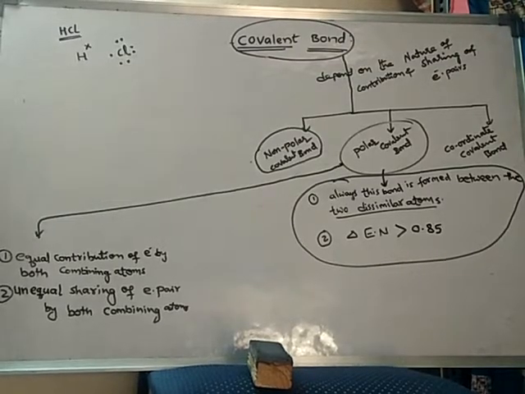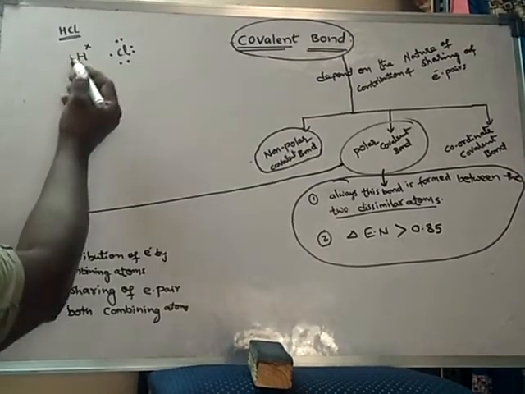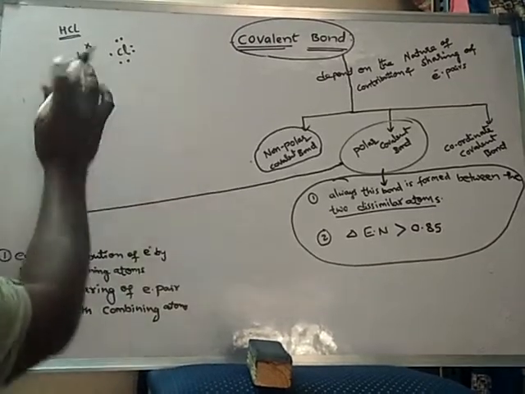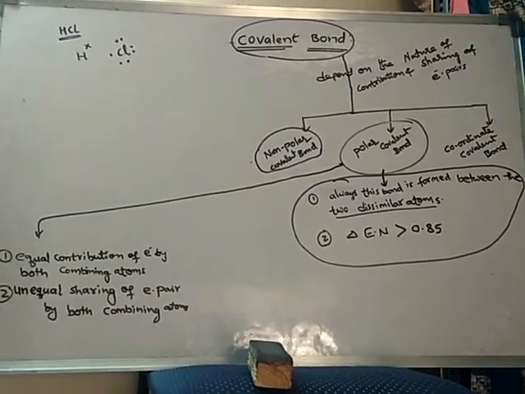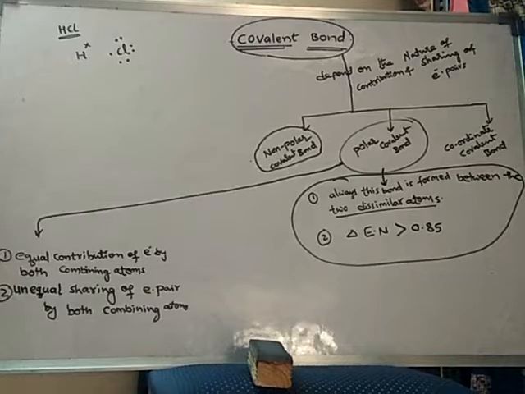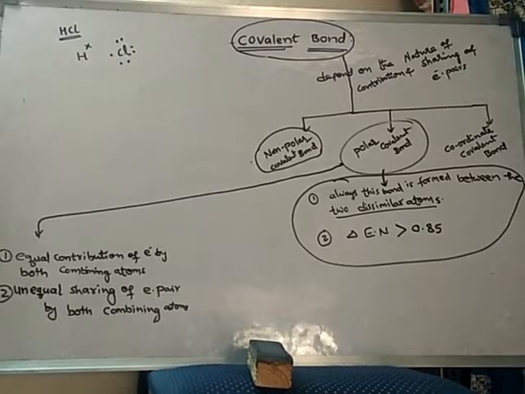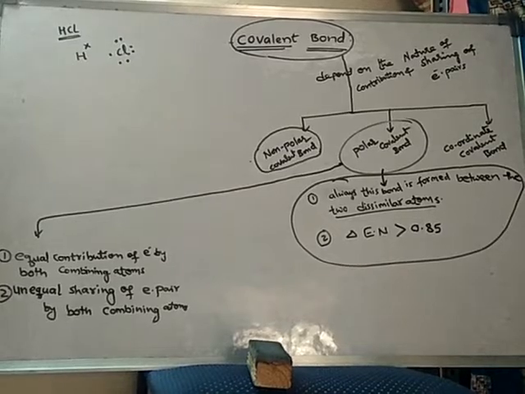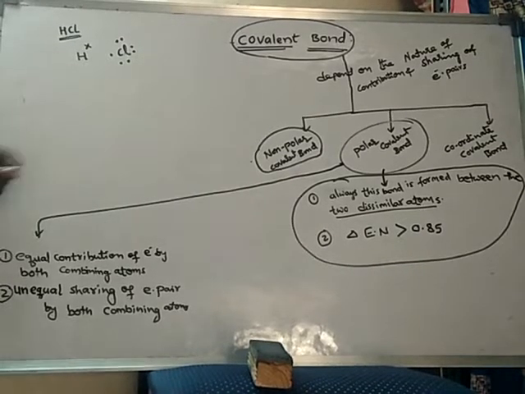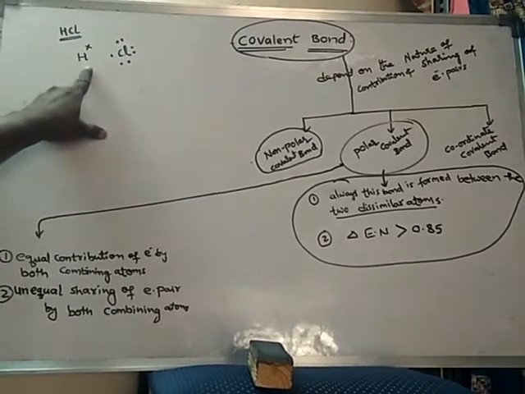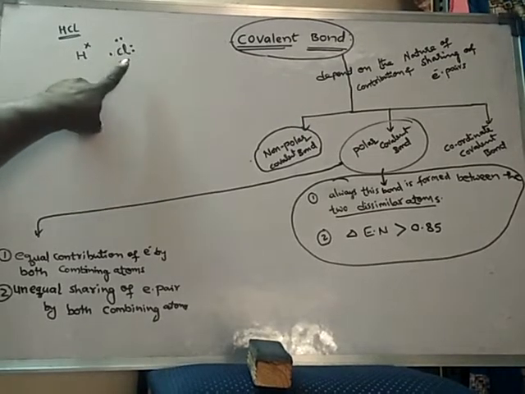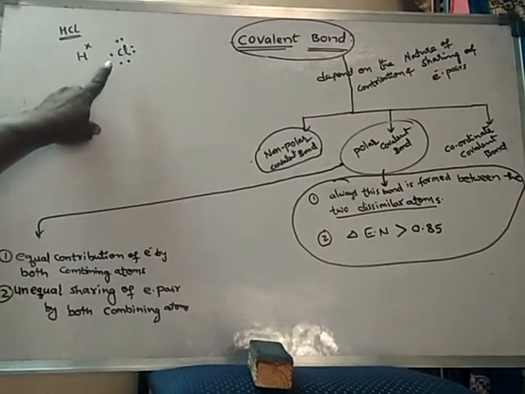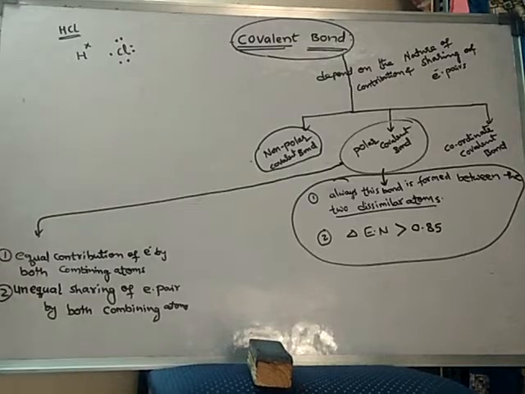What is happening? See, here no transfer of electrons takes place. There is no transfer of electrons from hydrogen to chlorine or chlorine to hydrogen. Only sharing of electrons will take place. First, the hydrogen atom will contribute 1 electron and chlorine also will contribute 1 electron for the formation of a pair of electrons.